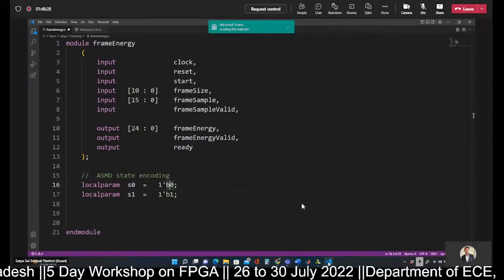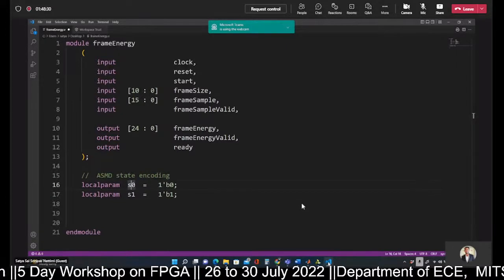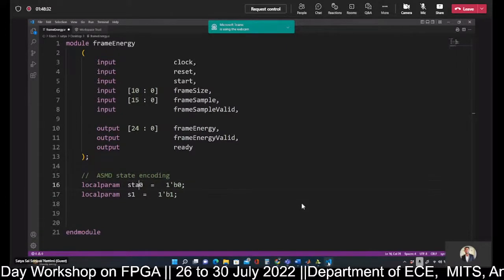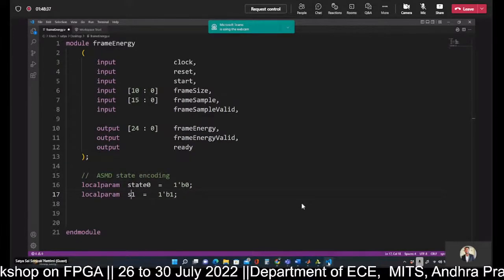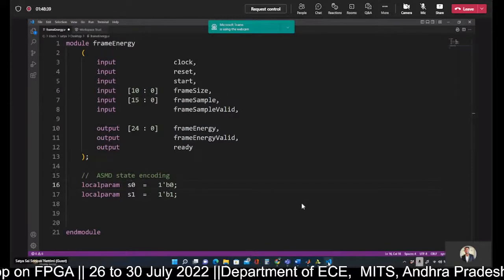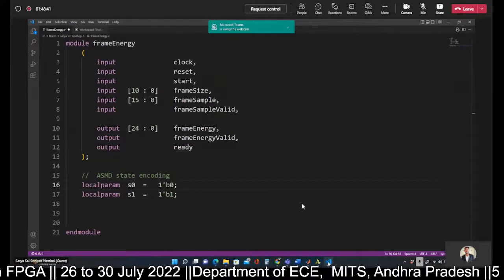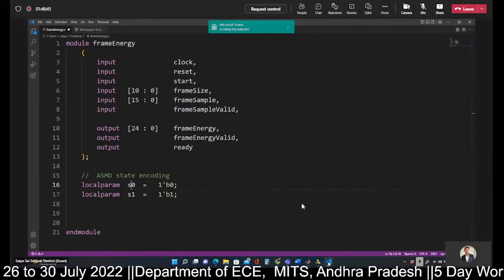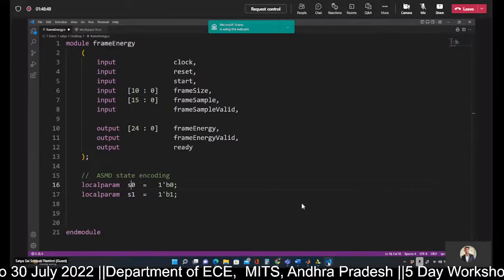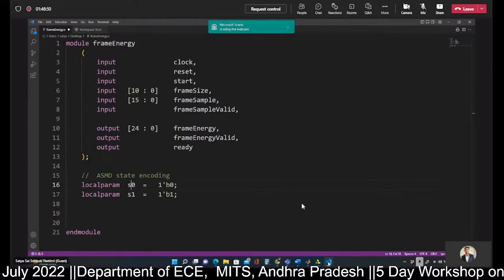I have taken S0, S1 for my reference. If you want, you can give any generic name, state 0, state 1, as you wish. Keep it simple, I have taken S0 and S1. If you have four states, you require at least 2 bits to represent four states.